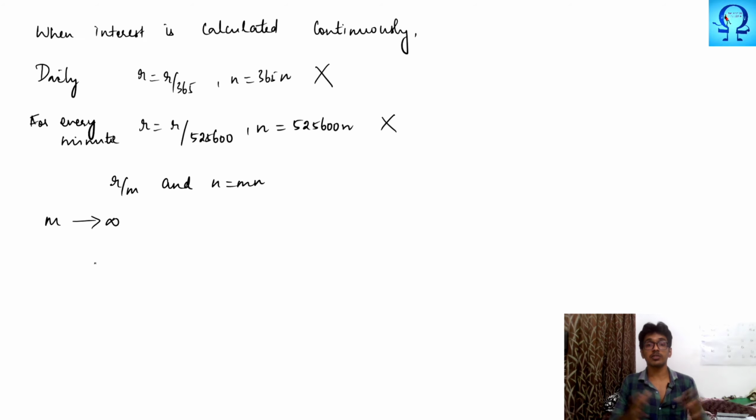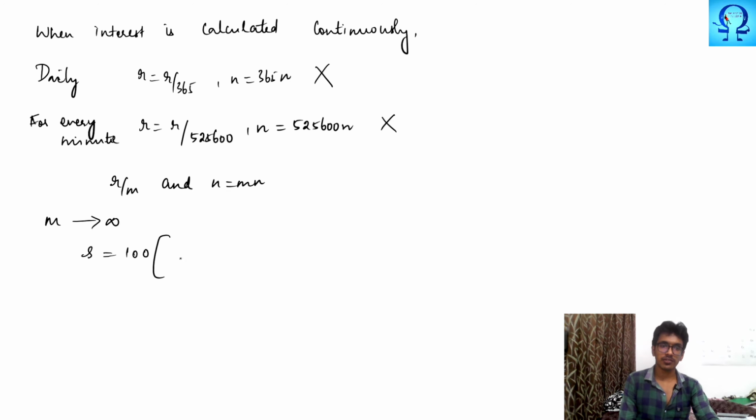We don't know what it is, but it is a very large quantity. So generally S shall be written as 100 times (1 plus r upon 100m) to the power mn, and here we have this thing minus 1.